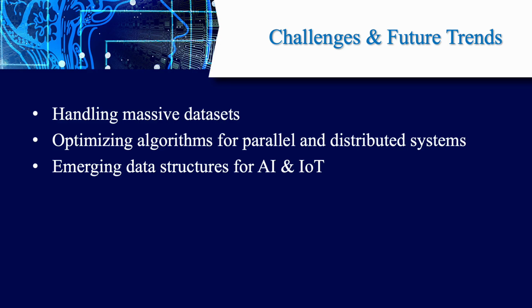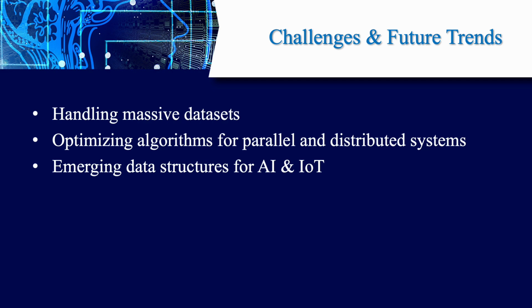So that demands faster algorithms and highly optimized data structures. And also we are working with parallel and distributed computing. Our code has to run on multiple processors or servers at once. That means we need algorithms that are smart enough to divide the work and run it in parallel.